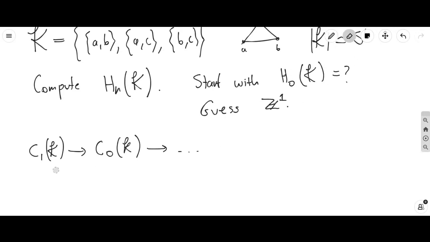That's the beginning of this chain complex, so we usually just put 0 at the end. 0 just represents the zero group. And this map is the boundary map. You can call it the boundary map again, but it has to be the zero map, the map that maps everything to 0.